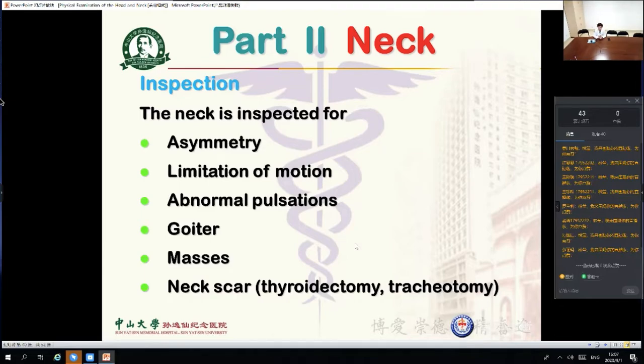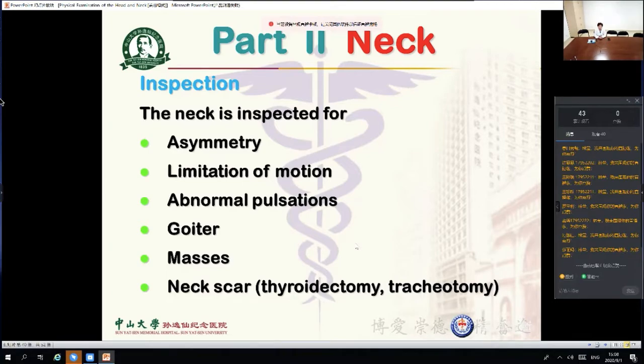But this year, we have difficulties seeing you in the classroom, so it is a pity that I cannot show you how to do the physical examination. But anyway, you may be able to learn this from videos or other methods that will show you how to do this physical examination.